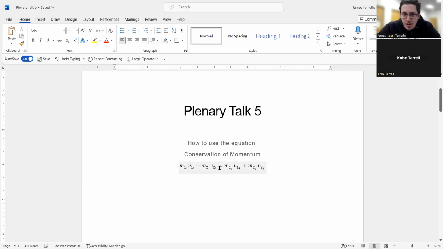And then you can say the same words that I just said about that, but apply the object to a second object, and we label that object 2. So if we consider some problem where these two objects, 1 and 2, are colliding with each other, then we can use conservation of momentum to find out quite a bit of information of the system afterwards.